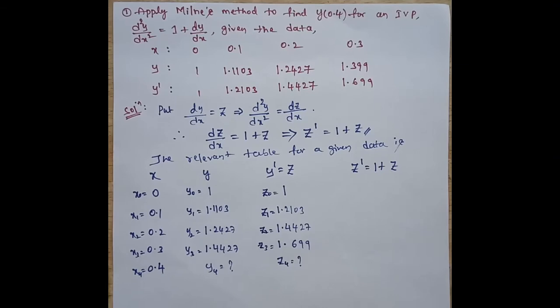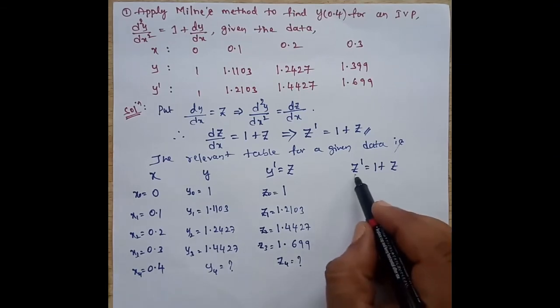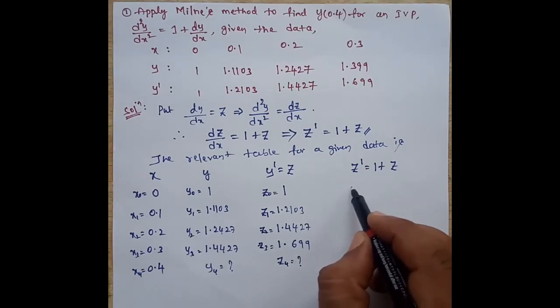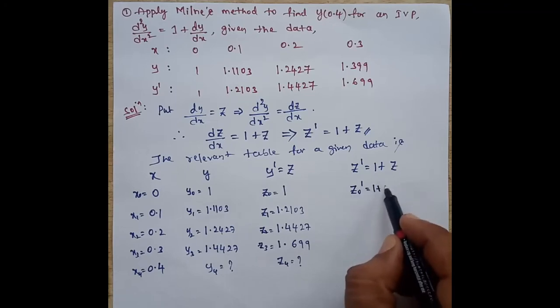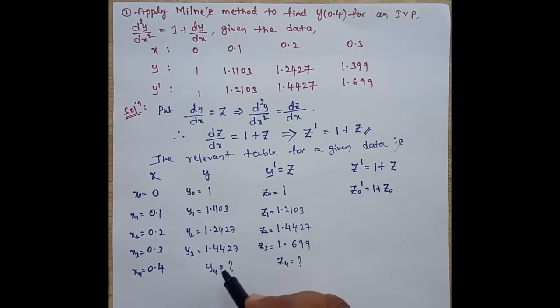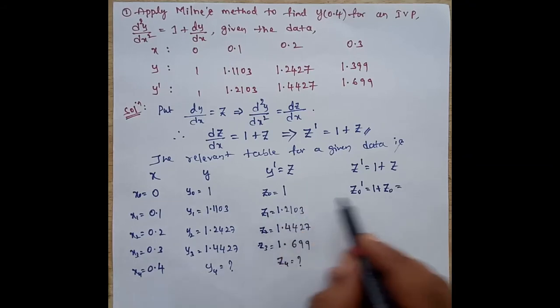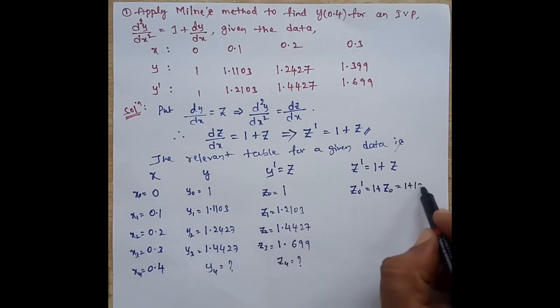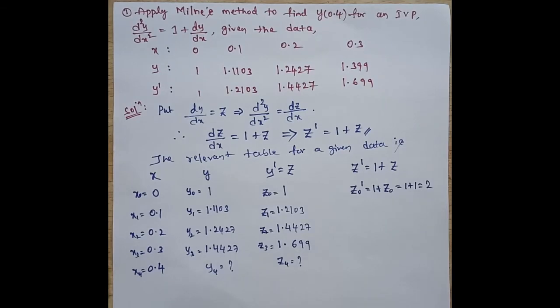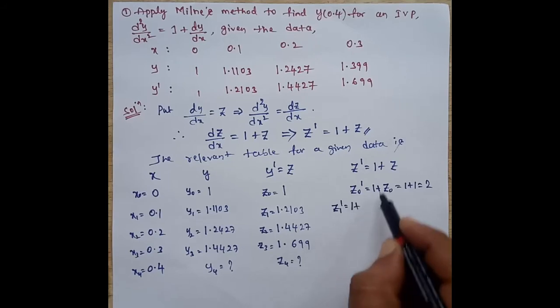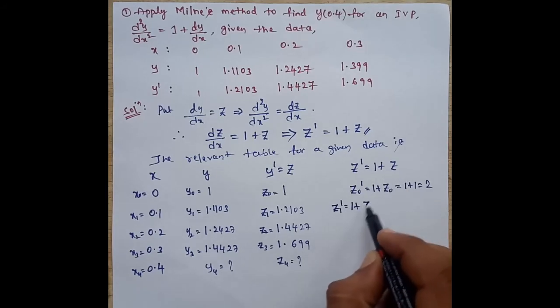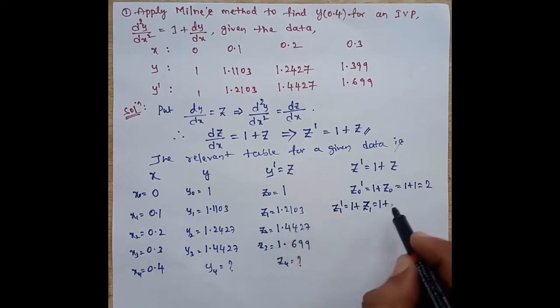Now let us find the values of z dash. The first one I can call z0 dash. Z0 dash means 1 plus z0. Z0 is 1, so 1 plus 1 becomes 2. Next is z1 dash, which is 1 plus z1. What is z1? 1.2103.